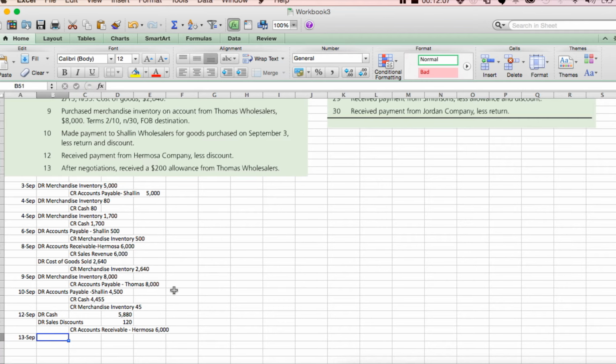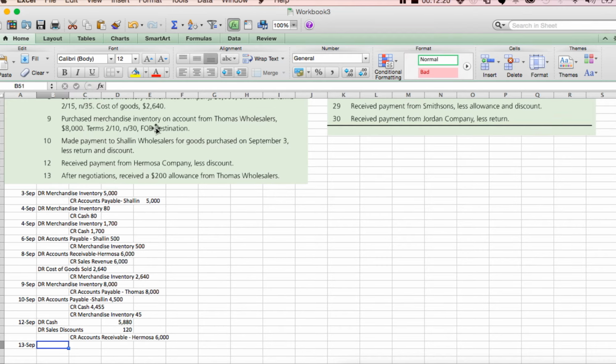Okay, so September 13th. After negotiations, received a $200 allowance from Thomas Wholesalers. Thomas Wholesalers was this one right here, and we had FOB destination on that one. So theoretically, any goods damaged in transit would have been our responsibility. But in this case, they have allowed us to take $200 off of that, basically.